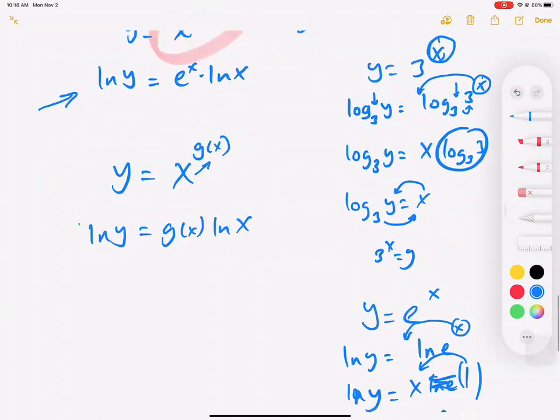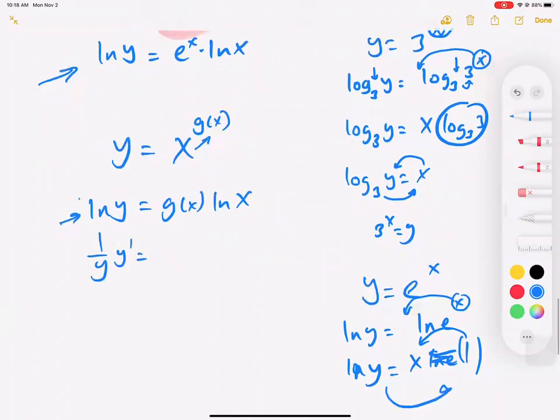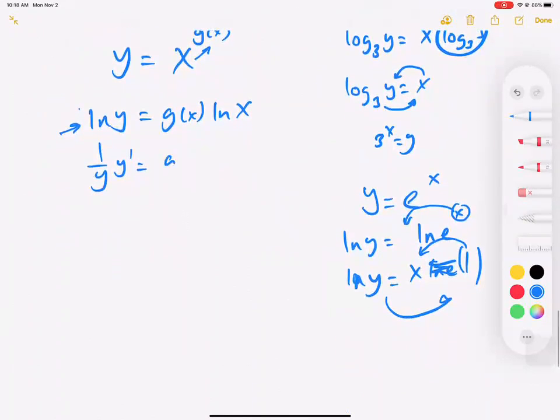And then we take the derivative. The derivative of natural log of y is 1 over y, chain rule, y prime. Now product rule here. Derivative of the front, leave the back alone, plus the derivative of the back, leave the front alone. And that is our setup.